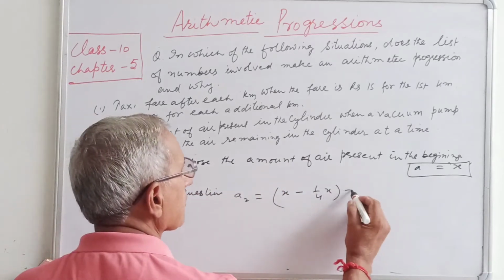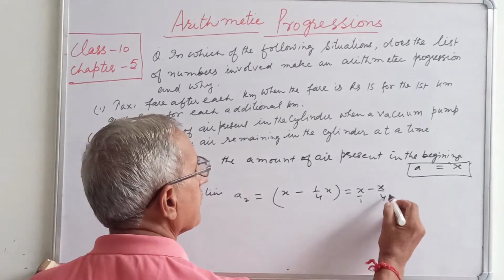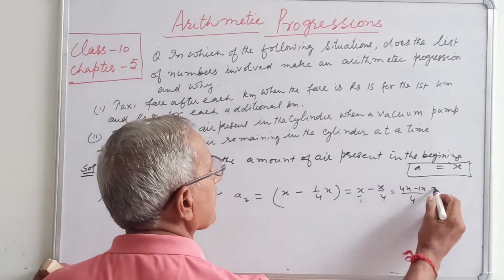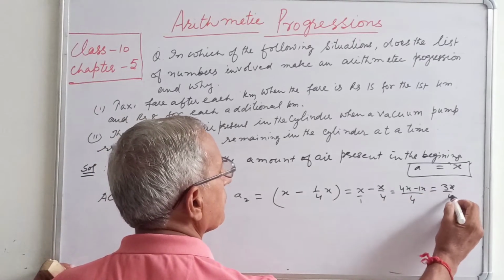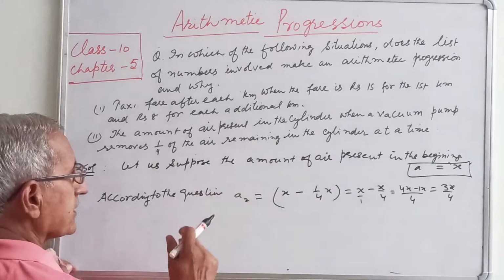So that equals X minus X upon 4. Taking LCM 4, 4X minus 1X, that is 3X upon 4. So this is the second term of the sequence.